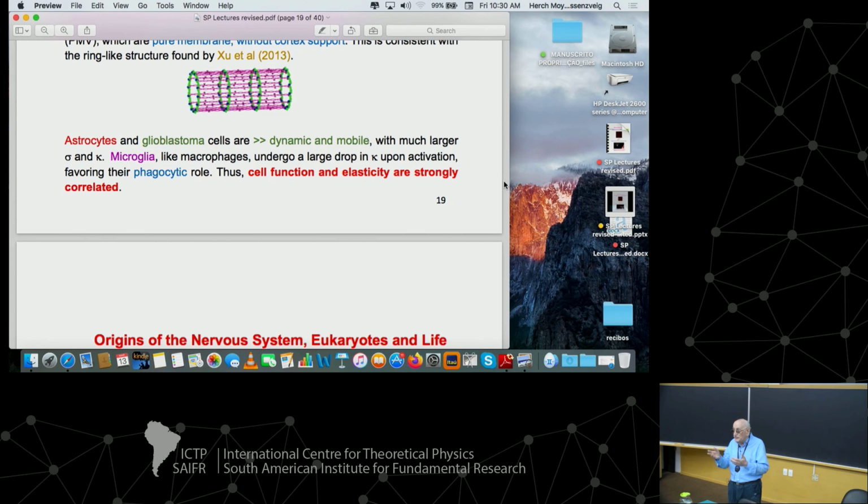You can measure forces and displacements following the path of these motor proteins, so the molecule is directly being followed. You can do this and follow step by step how it's transcribed. All this is single molecule biology, but we do not work with that. It would be very hard here in Brazil because you need very sophisticated techniques.